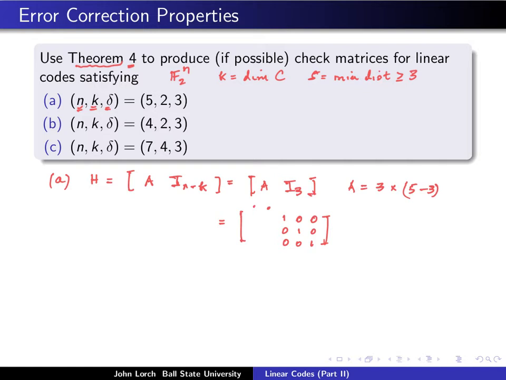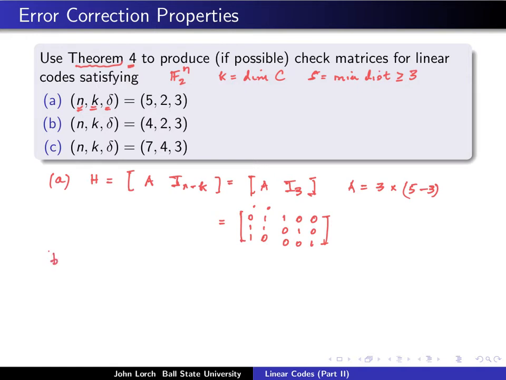So I can't write a column that has 1 non-zero entry and 2 zero entries because those have already all been written down. And I can't write a column that has all zeros because then that would be a 0 vector as a column, and that's forbidden. So what I want to do is write down column vectors that have 2 1s. And I can do it, right? There it is. There's my check matrix for a 2-dimensional error correcting code in F2^5.